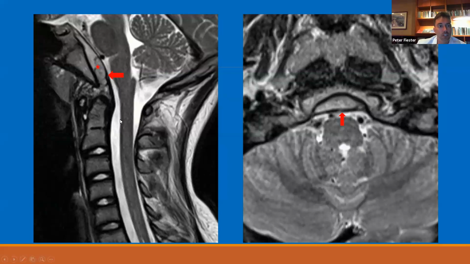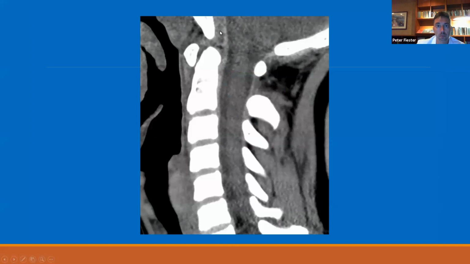It's a craniocervical junction injury because the tectorial membrane is stripping off the dura here. And we looked back and none of these patients had clival fractures. You think a clival fracture would cause an epidural. The cases of clival fractures I've seen actually cause a subdural hematoma for whatever reason. A subdural hematoma can look very similar to this, but it's going to be on the other side of the tectorial membrane.